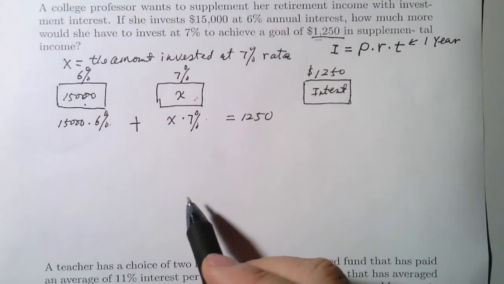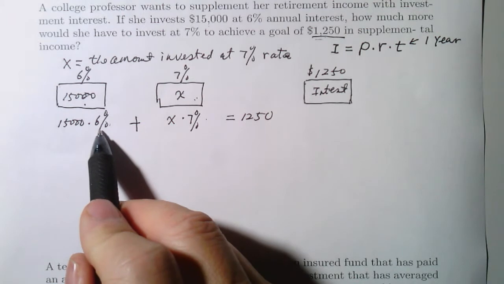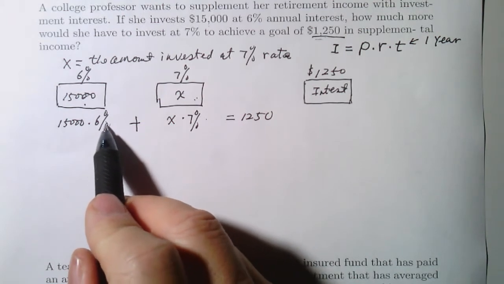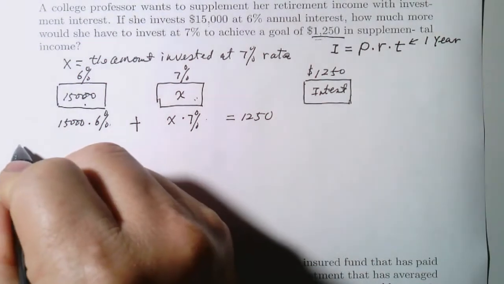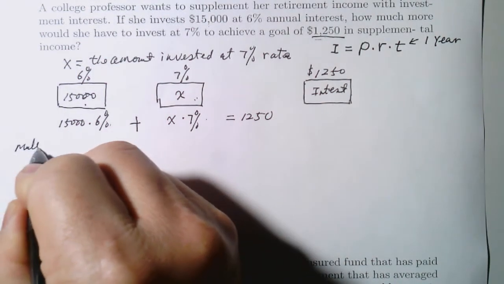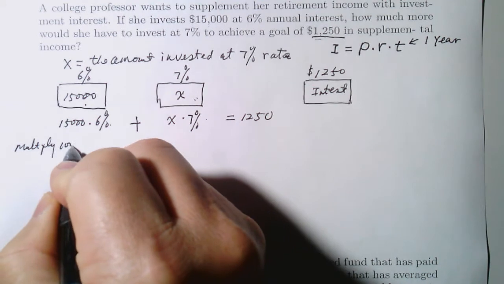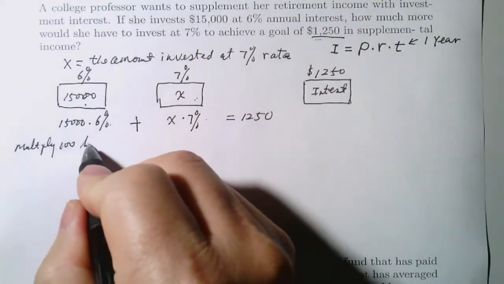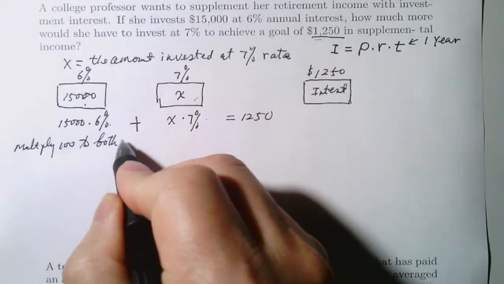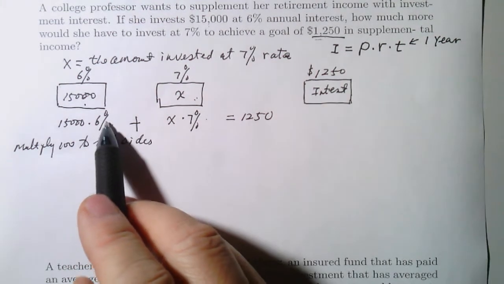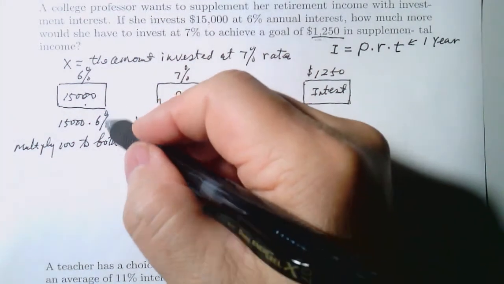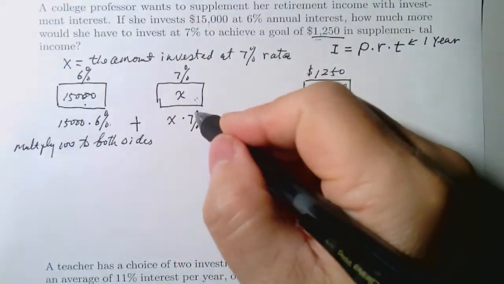Let's take a look here, 6%. I want to get rid of the percent notation, so I multiply 100 to both sides. Multiplying by 100 cancels the percent.